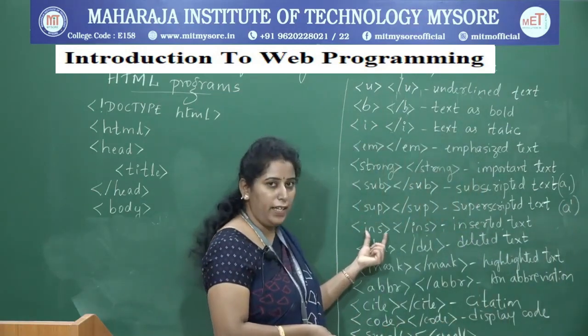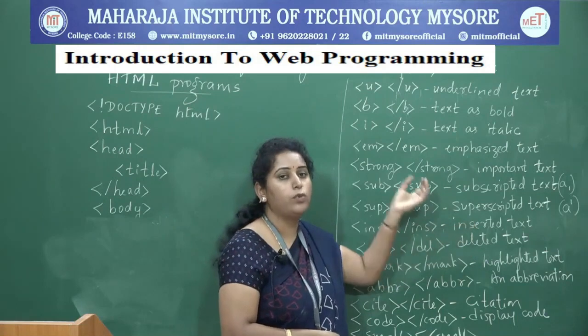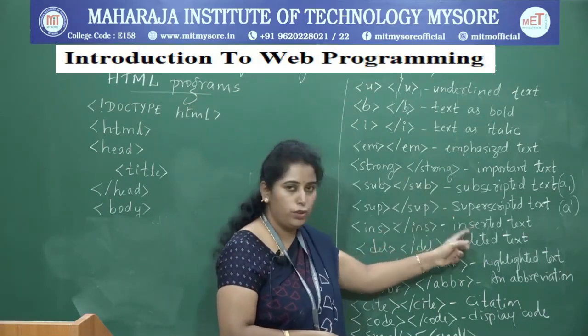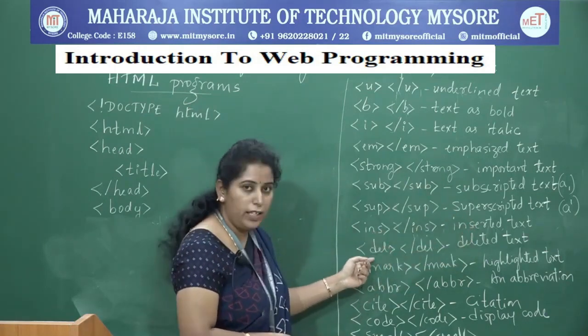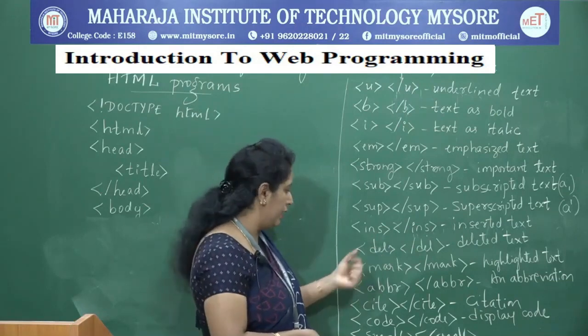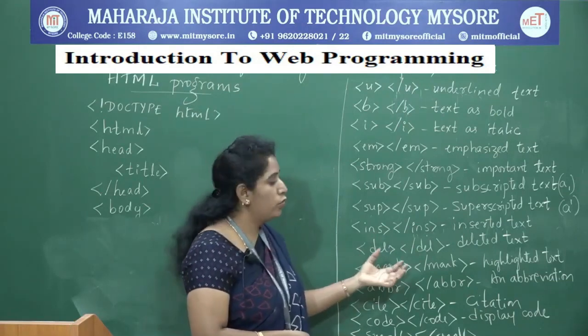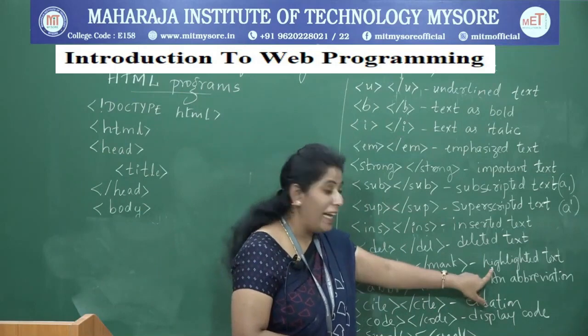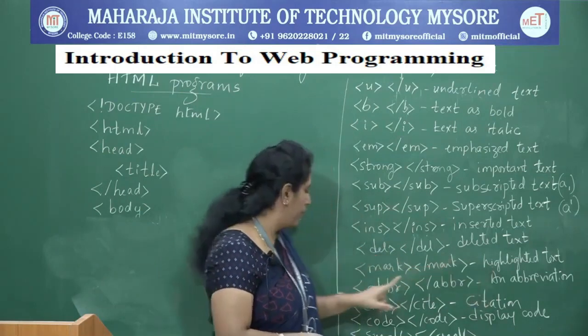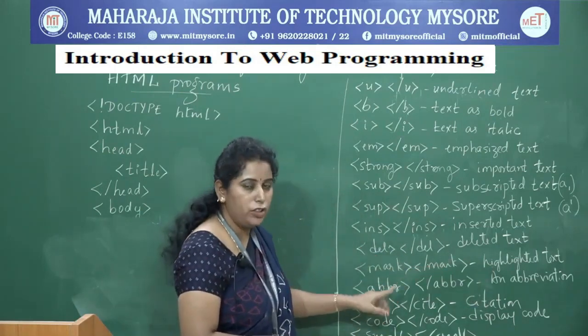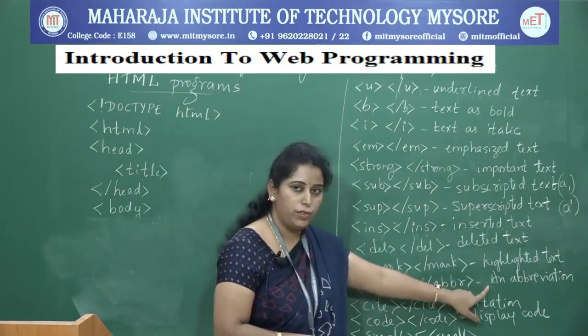Next, INS: once you want to insert text, you can use INS. To delete text, DEL. Mark, which is used for highlighting the text. ABBR, which is used for abbreviation.